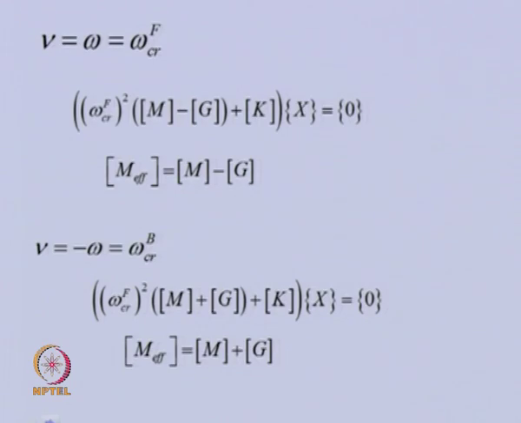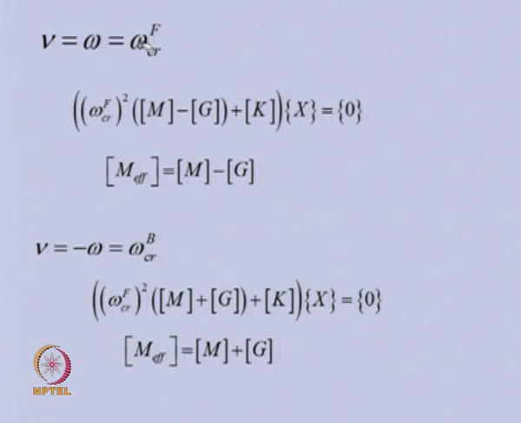So now let us see how that can be obtained from these equations. This is the whirl frequency which is equal to the spin speed, and we are equating that to the forward whirl critical speed, because we have taken the positive sign. That means the whirl direction and the spin direction are the same.